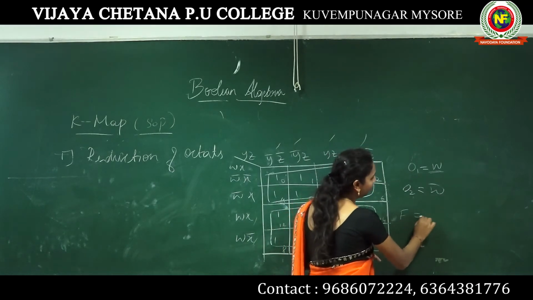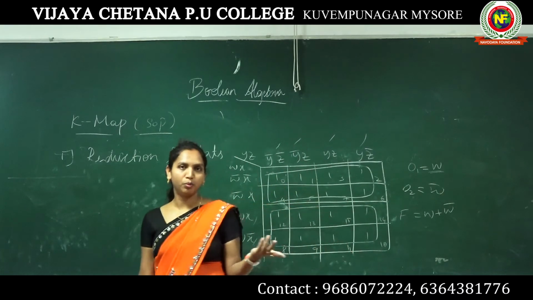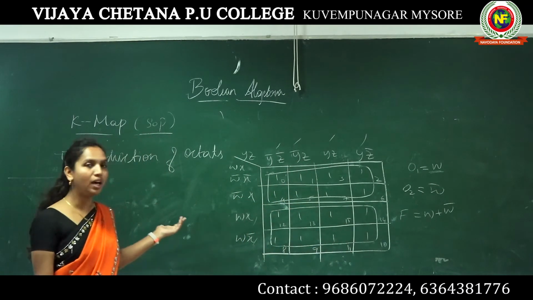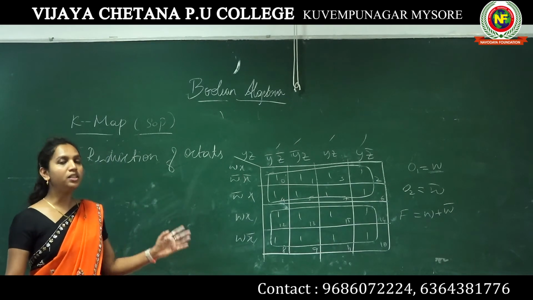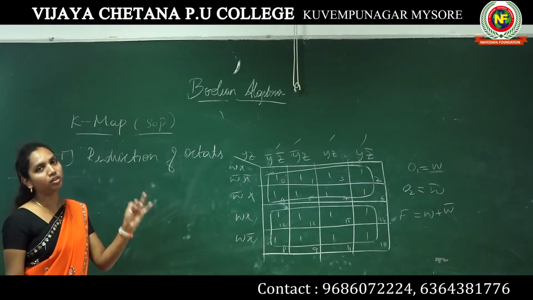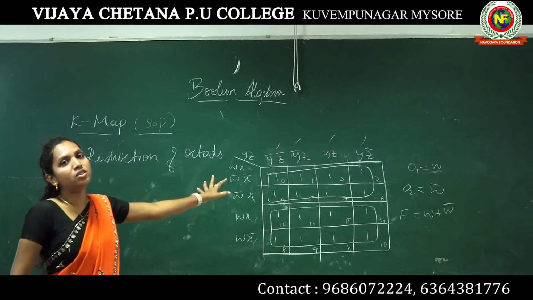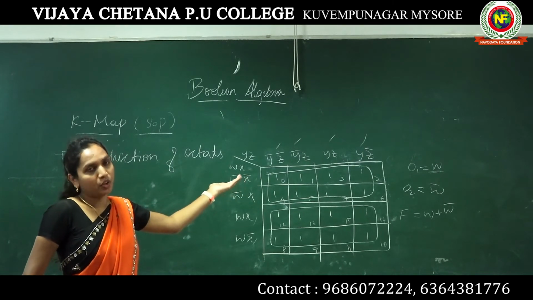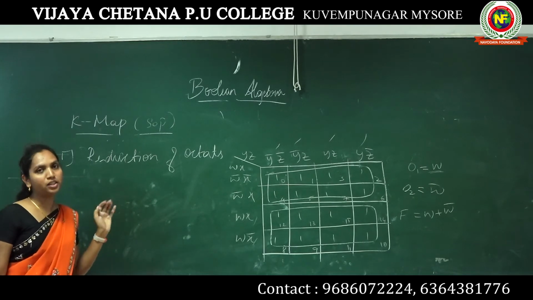The final result will be W plus W bar. That will be the expression of the octet. Okay. So this is how to do the reduction of pair, quad and octet. If you know how to reduce the octet, pair and quads, it will be very easy for you to solve the next problems.